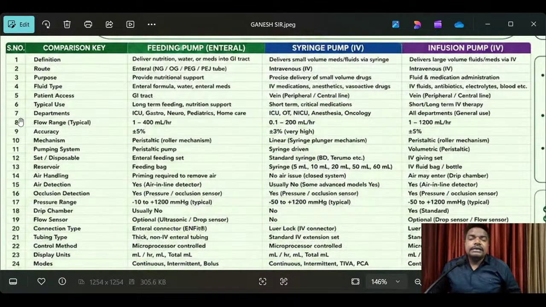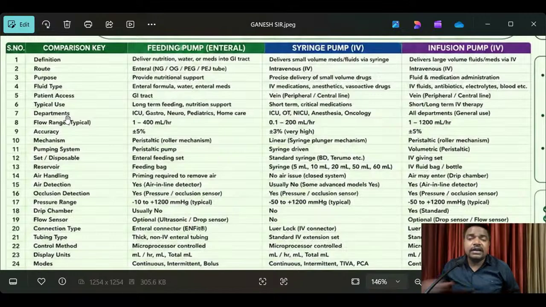Seventh, departments. Syringe pumps are available wherever possible in the hospital, including emergencies, whenever required, because it is portable, very small equipment, but small equipment gives the best performance.